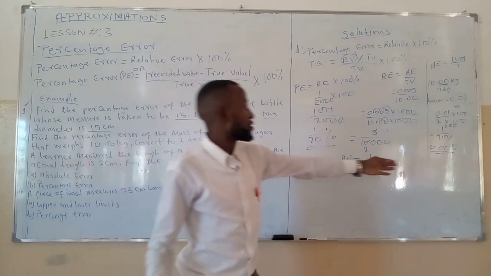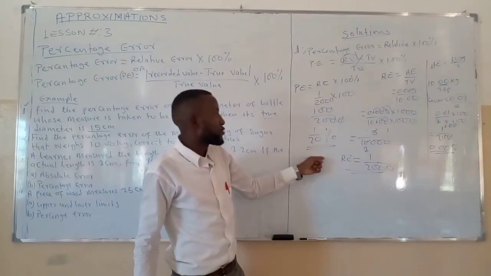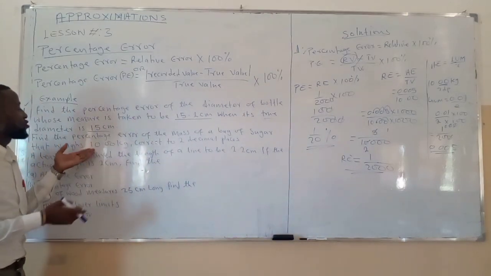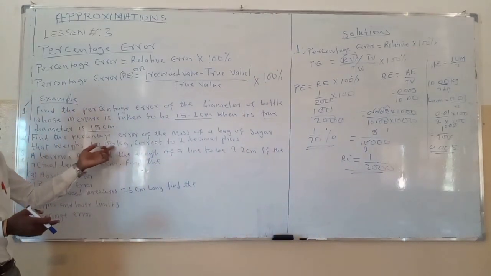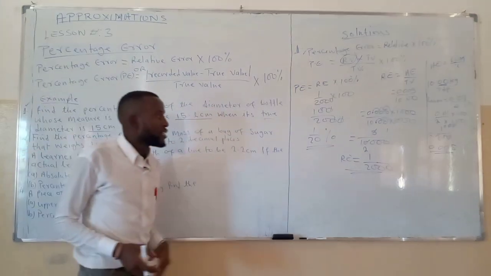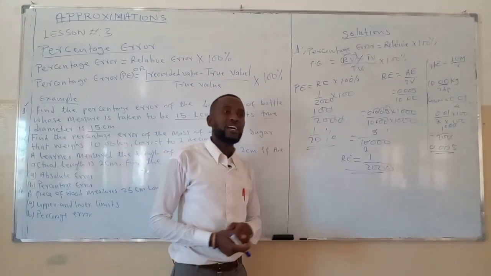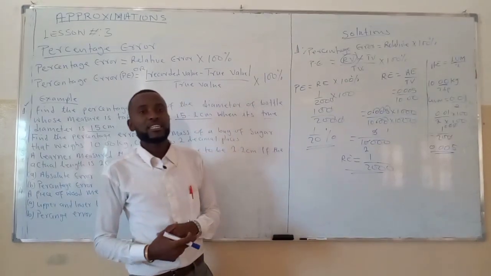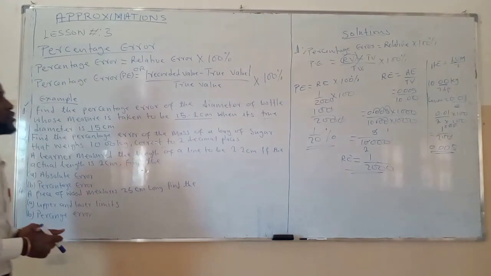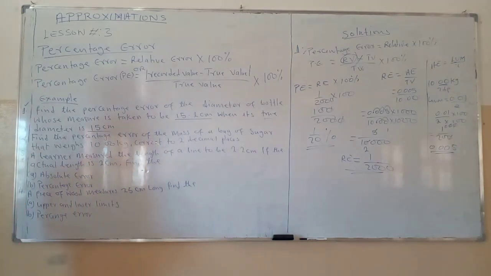As you can see, we have spent a lot of time just to find 1 over 20%, the error that can occur in 10.00 kg. In percentage, we have 1 over 20. You can write this in decimals if you want, but I would prefer you leaving it in percentages. Okay, good. So that is how you answer that question.